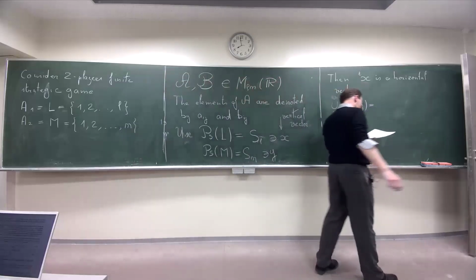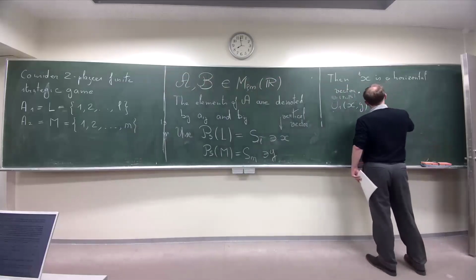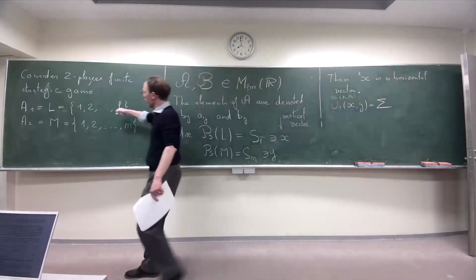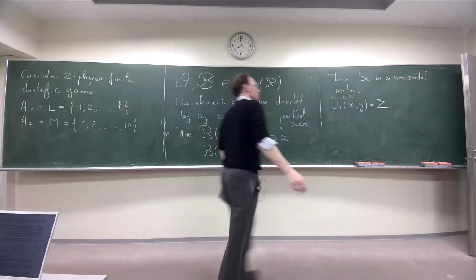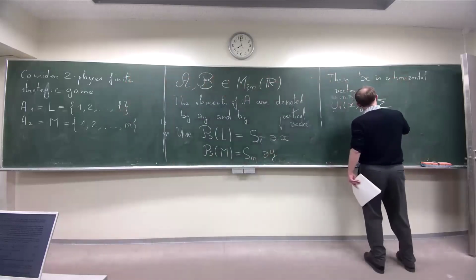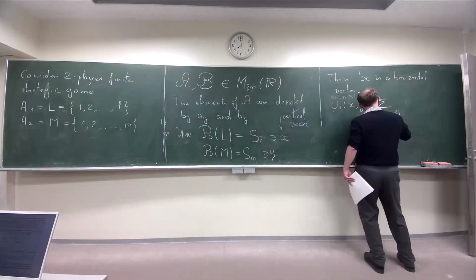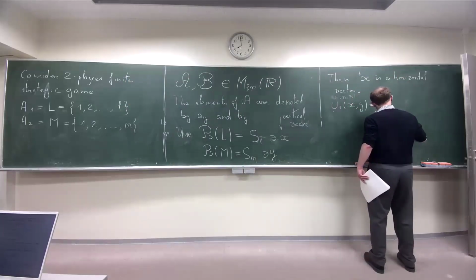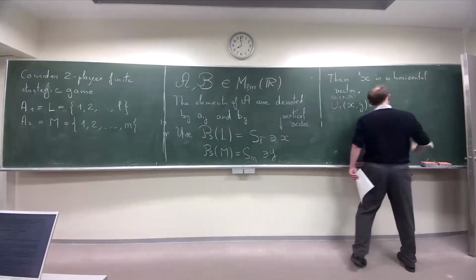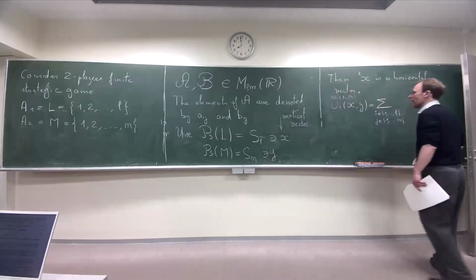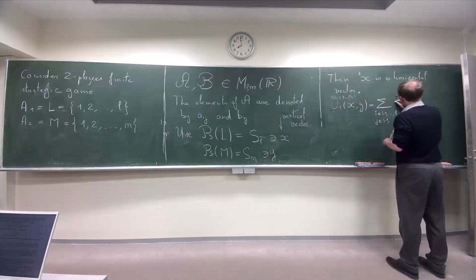Now, if you look at the definition, it was a sum over all elements of A1 times A2. So it means a sum over all i between 1 up to L, all j between 1 and M, because these strategies are denoted by 1 up to L and 1 up to M, of what?